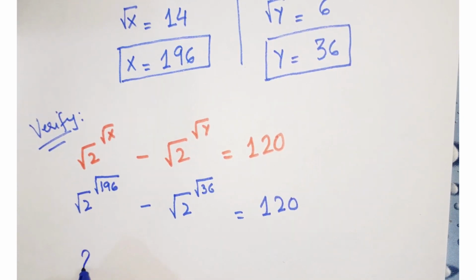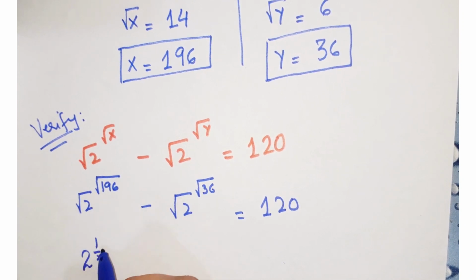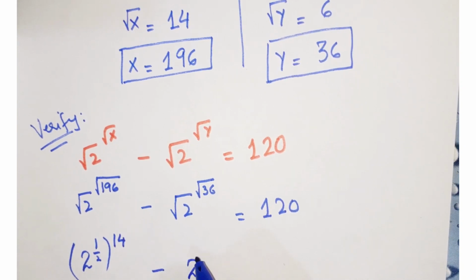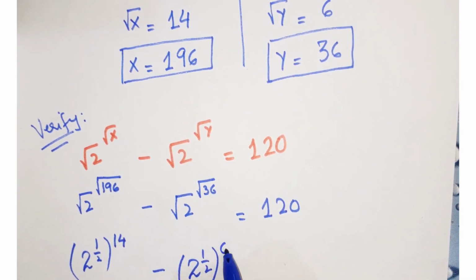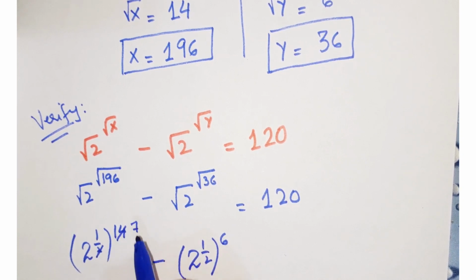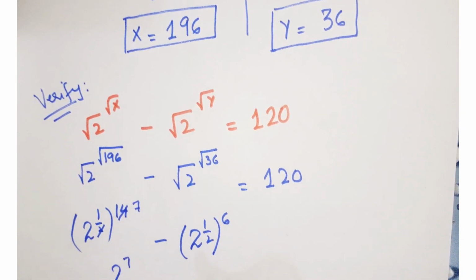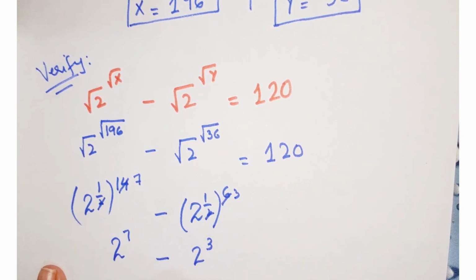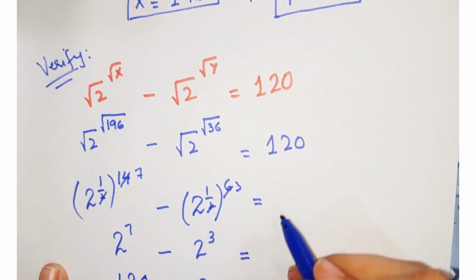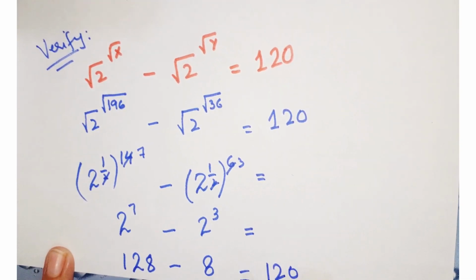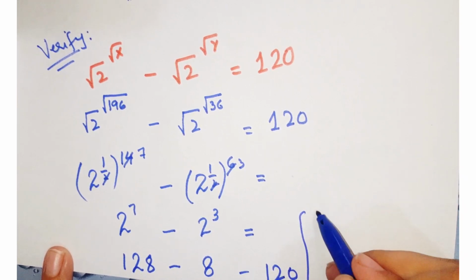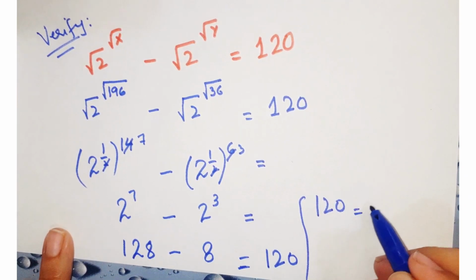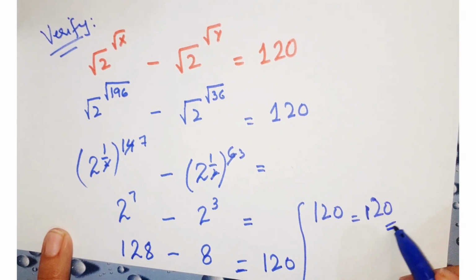Or you can say this is 2 to the power half, and this is whole to the power 14, minus 2 to the power half, and this is 6, right? This 2 and this get cancelled, so we have 2 to the power 7 minus 2 to the power 3. So this is 128 minus 8, and this is equal to 120, right? Or you can say that 120 is equal to 120, right?